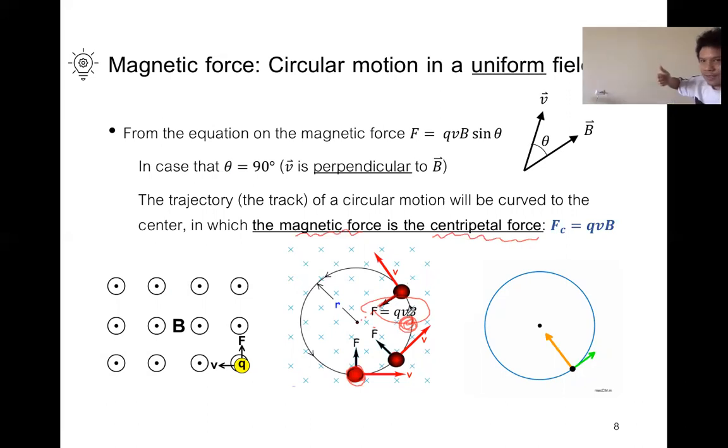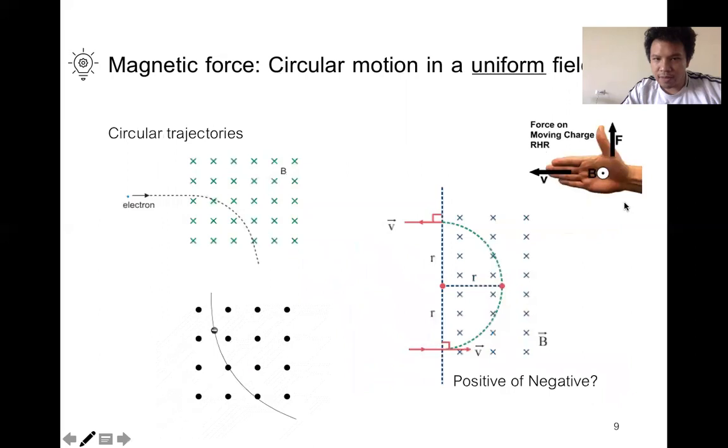And in the other case, if the particle is moving down on the other side, using the right hand rule, you have force to the left and to the center, like this. So this case, happening under a uniform magnetic field, you always have force pointing to the center, and then we match the force to the center, or centripetal force, with the force from the magnetic field, or QVB. So that will lead to the relation. This slide is trying to give you the ideas of the directions.